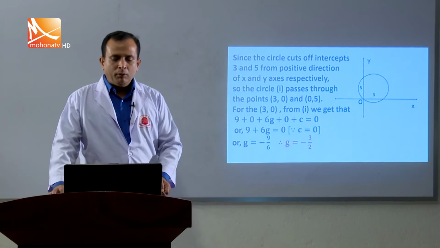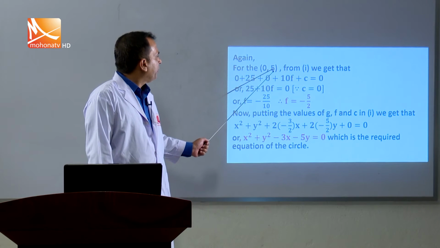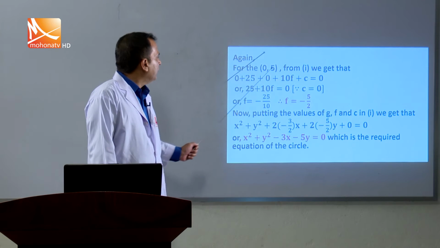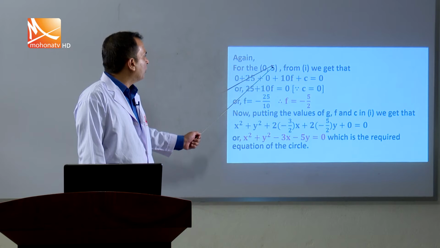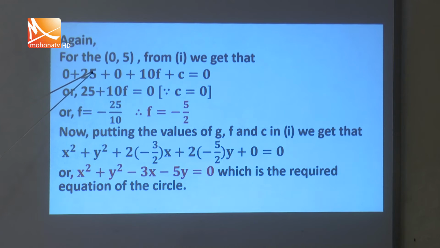Okay. Now again for the point 0 comma 5 from 1, we put x equals 0 and y equals 5. x square will be 0, y square is 5 square, which means 25, 2gx is 2 into g into 0, that is 0, 2fy is 2 into 5 into f, that is 10f, plus c equals 0.